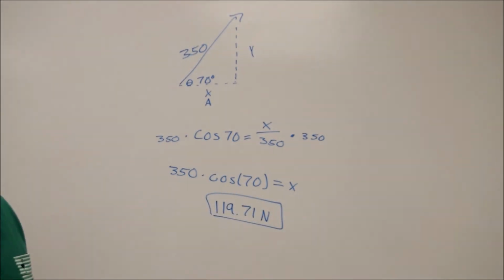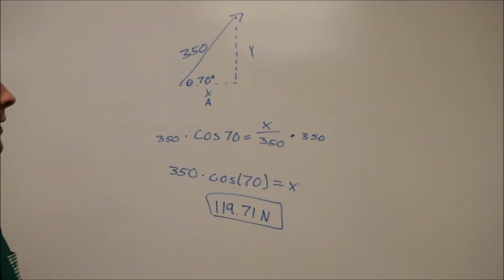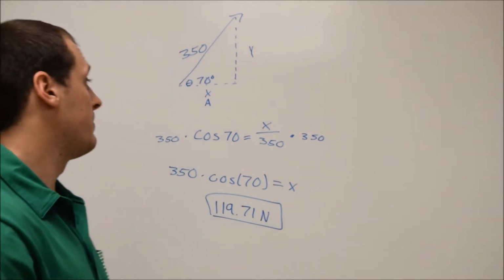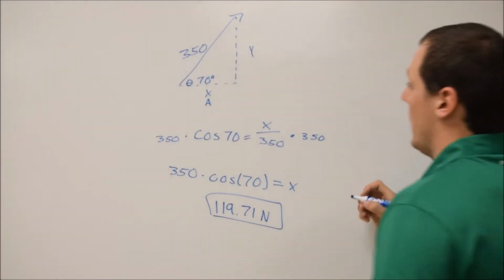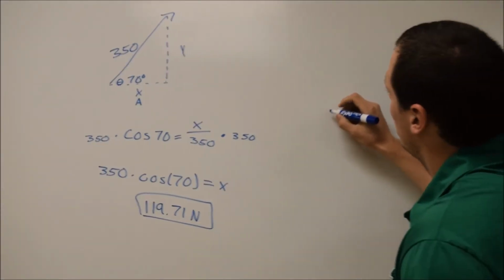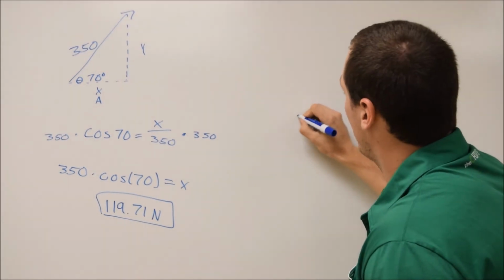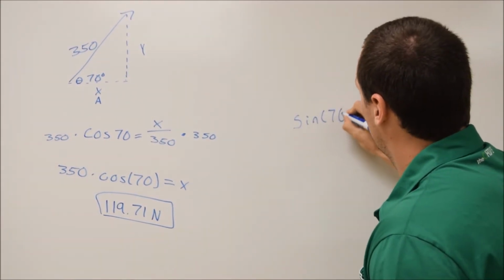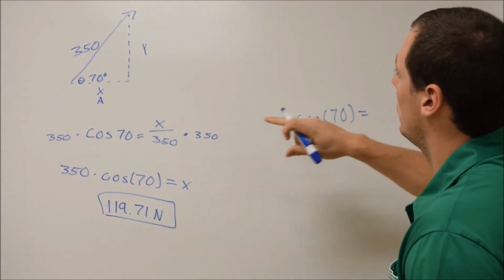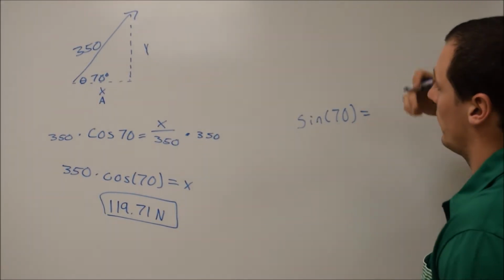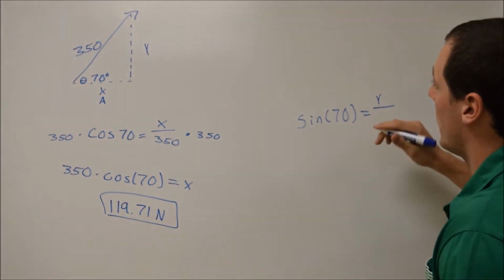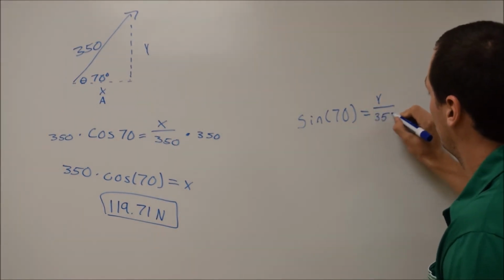Okay. So then for the next component, we're going to look at the y side, and we're going to do the exact same thing, but this time we're just going to use sine. So we have the sine of our angle, which is 70, is equal to the opposite side, which is the y, over the hypotenuse, which is 350.